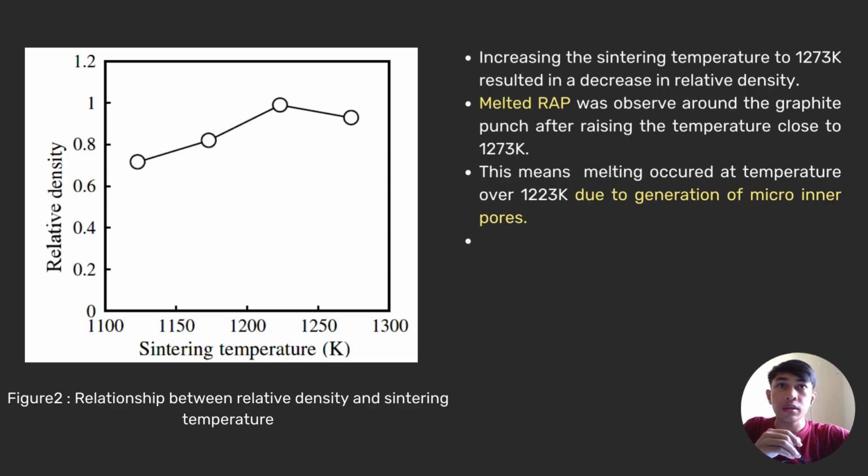This decrease occurs because of the melted RFP that is observed around the graphite punch after raising the temperature to 1273. And this indicates that the melting occurs during sintering at over 1223 Kelvin due to the generation of micro inner pores at temperature close to 1273 Kelvin.